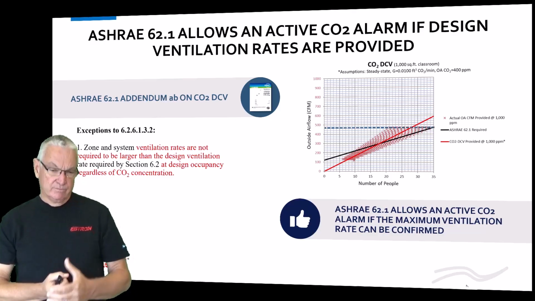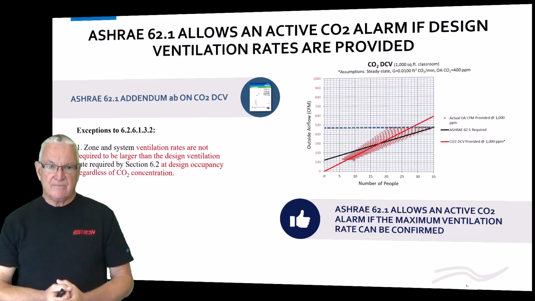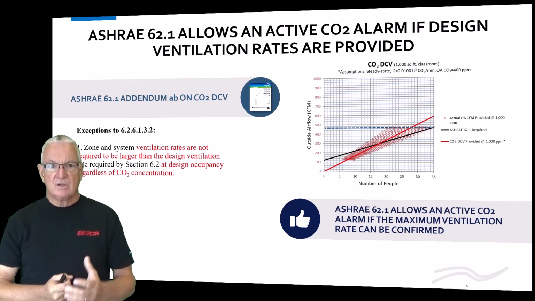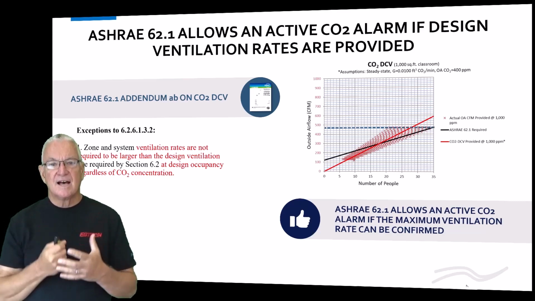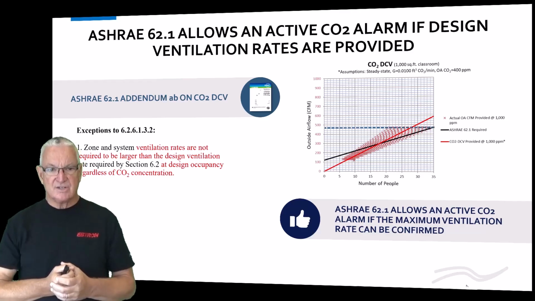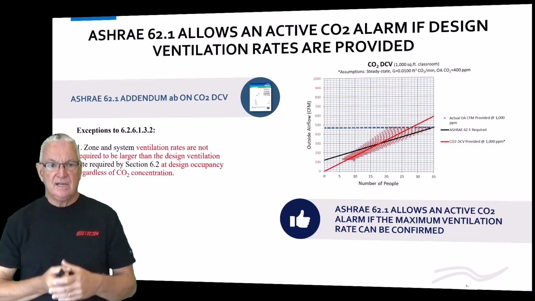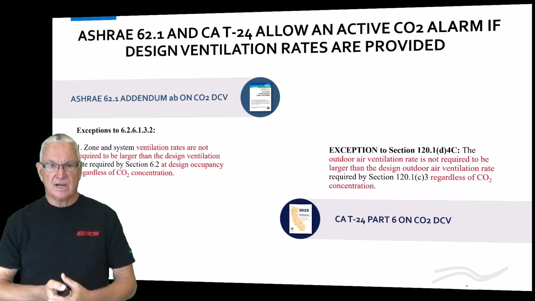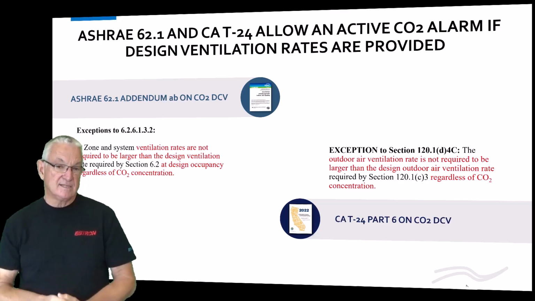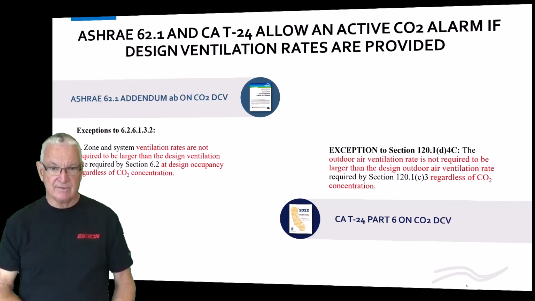So, basically on the left it says zone and system ventilation rates are not required to be larger than the design ventilation rate required by Section 6.2. This is Standard 62 at design occupancy regardless of the CO2 concentration. Okay, and then if I go in here and add in what Title 24 says, it basically says the same thing. It's exactly the same language.